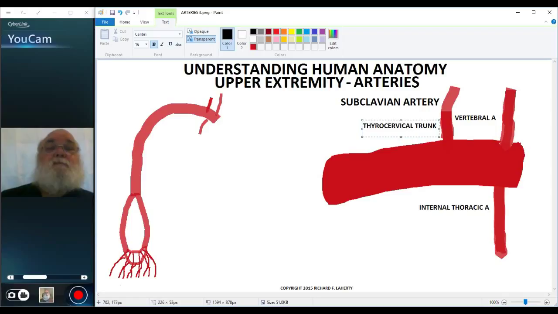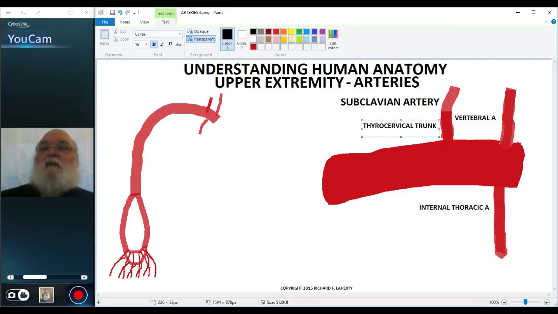Trunk is a term that's used to indicate that an artery is going to be relatively short and branch into two or more branches almost immediately, looking a little bit like an octopus.